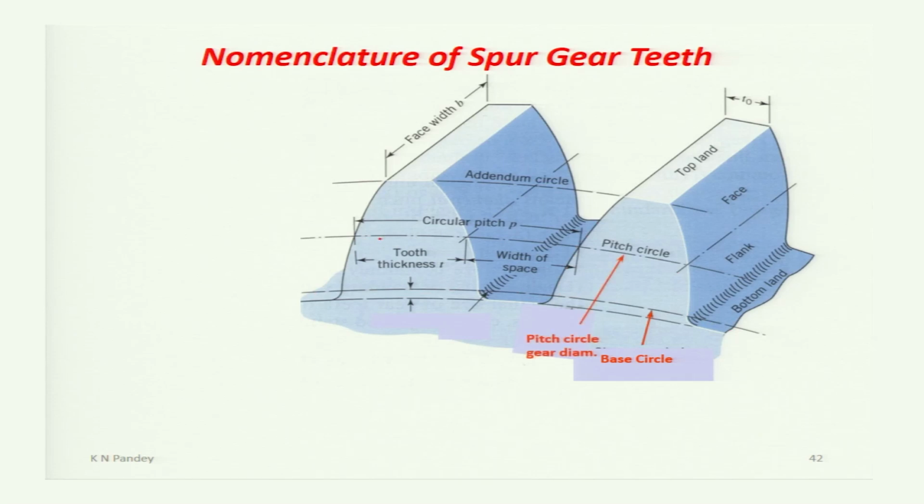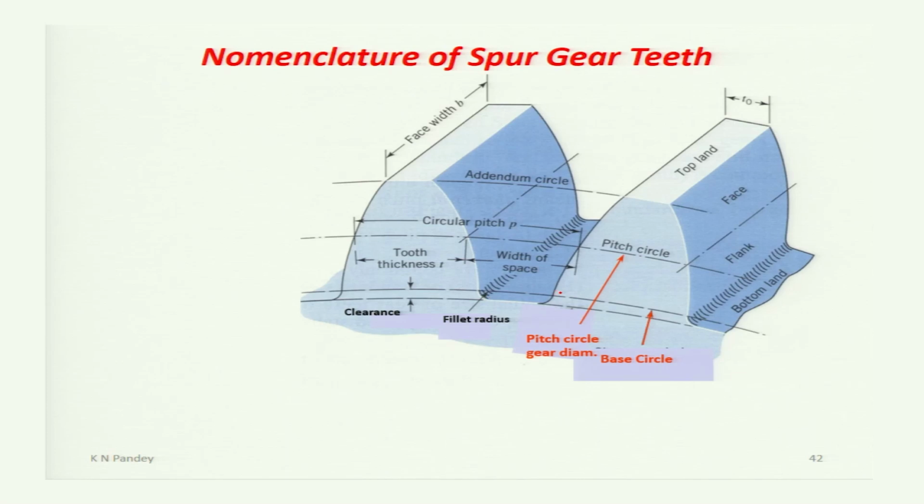This circle is the pitch circle, and we studied what the pitch circle and the pitch diameter are. It is the diameter of the equivalent cylinder which transmits the same power. So it is the pitch circle which is shown here. Then this is the fillet radius.